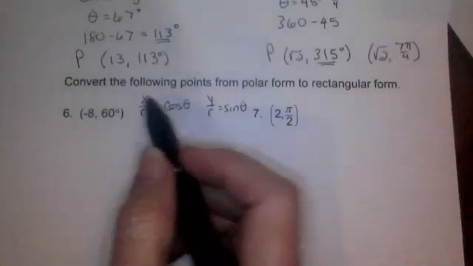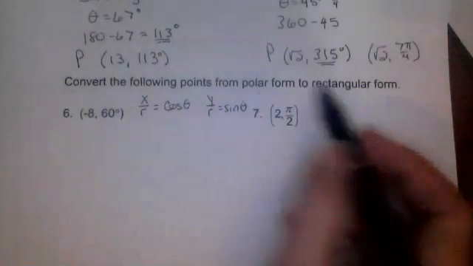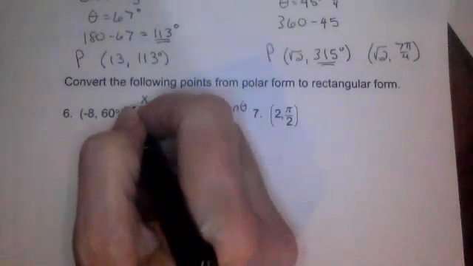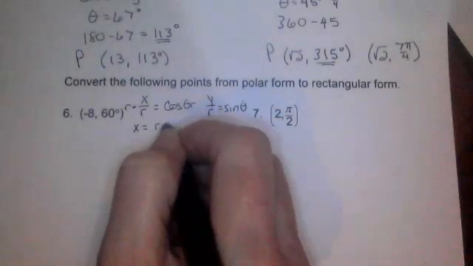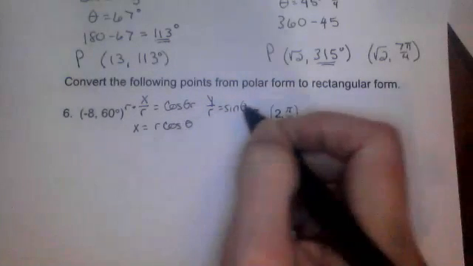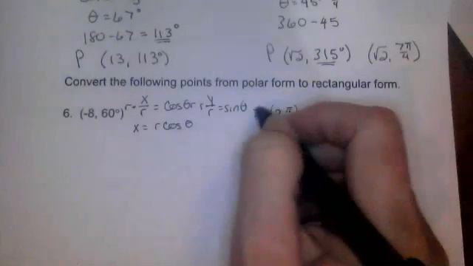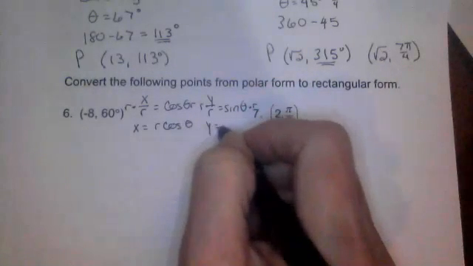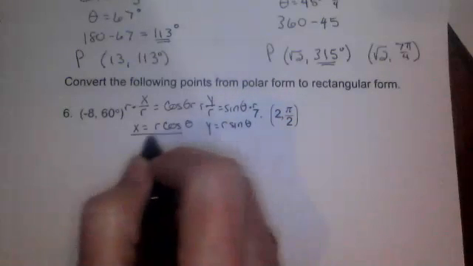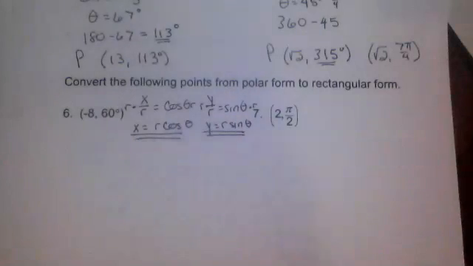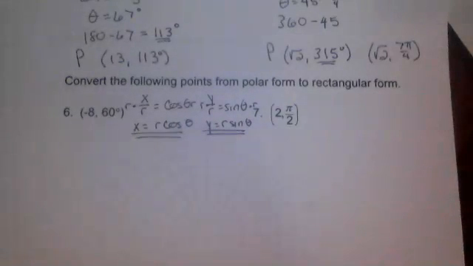So if I'm trying to convert from polar to rectangular, if I were to multiply by r, I would get x equals r cosine of theta. If I multiply this one by r, I get that y equals r sine of theta. So these end up being the equations that I would use to make my conversion.